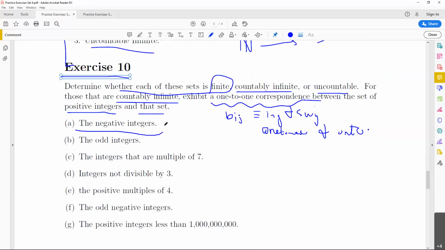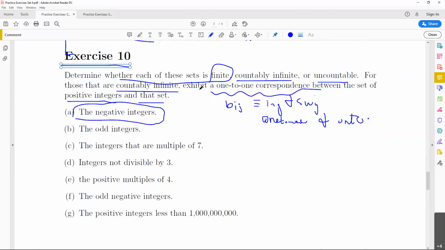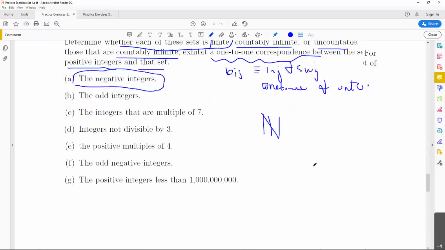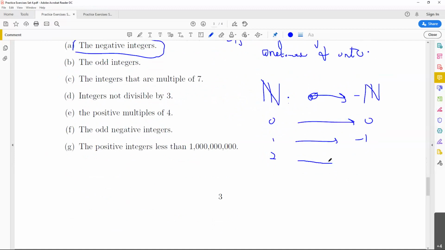The negative integers, yeah, that's countably infinite, right? So we have to exhibit a one-to-one correspondence between it and N. Simply, to negative integers, I'm just going to say minus n, but that's not really a proper symbol. So 0 to 0, 1 to minus 1, 2 to minus 2, and so on.